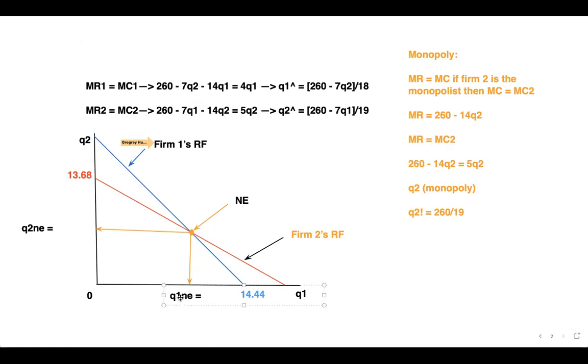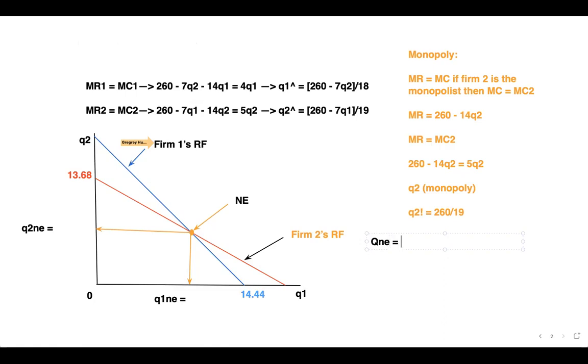But this is where sometimes students kind of go wrong. So I'll point out a little hazard, because you're almost finished, but not quite finished with this kind of problem yet. Remember, there's an industry Nash equilibrium quantity.